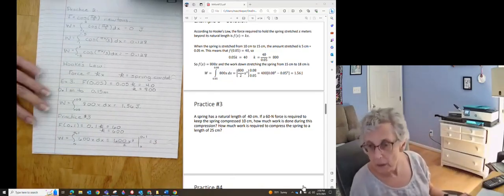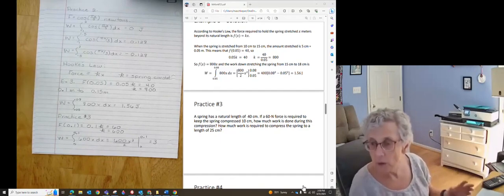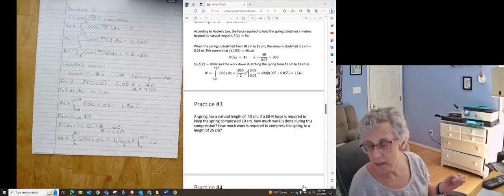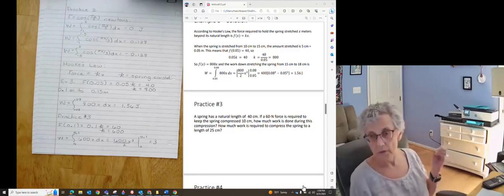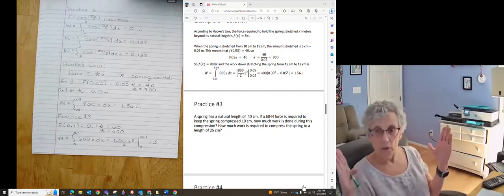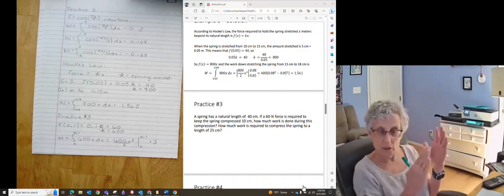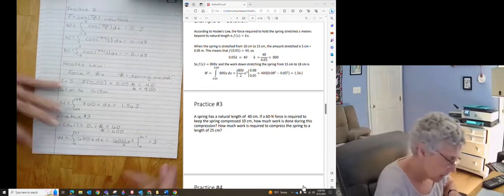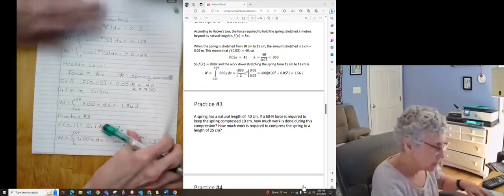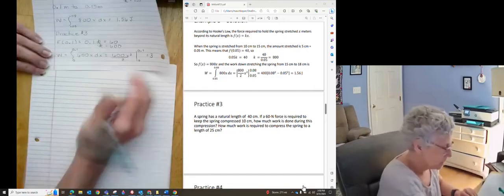Okay, then we do it again to see how much work is required to compress the spring to a length of 25. So compressing it 10 took it to 30. Compressing it to 25 would be another 5 centimeters or 0.05 meters.